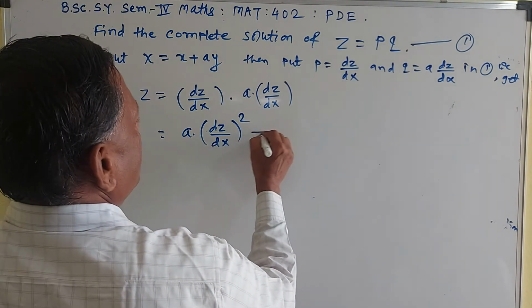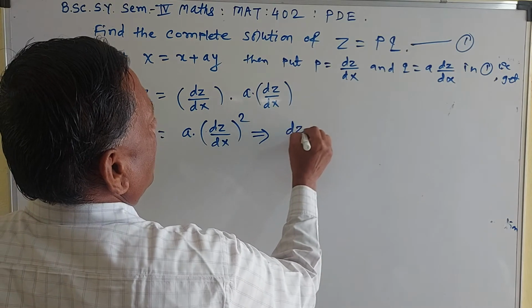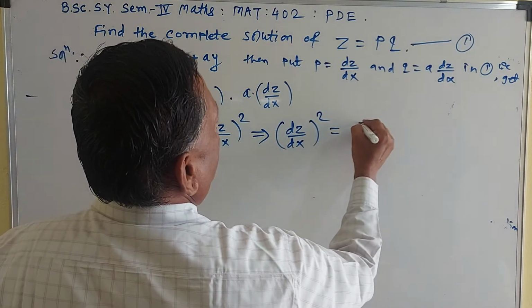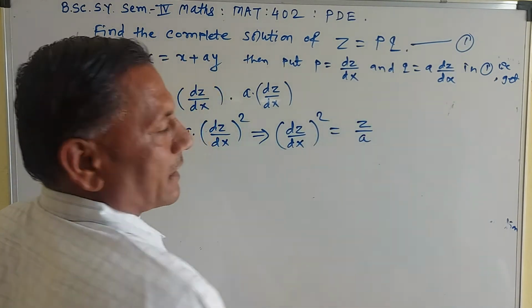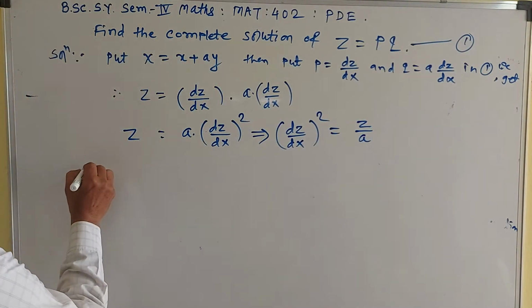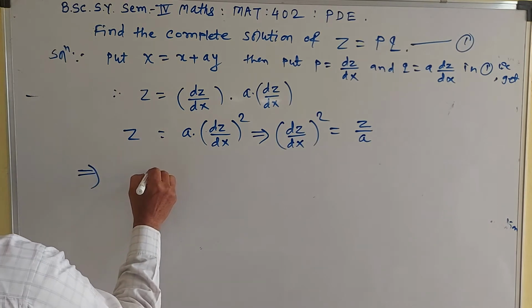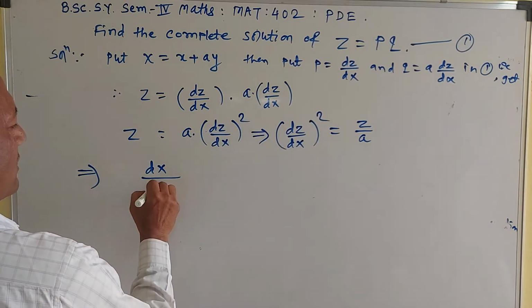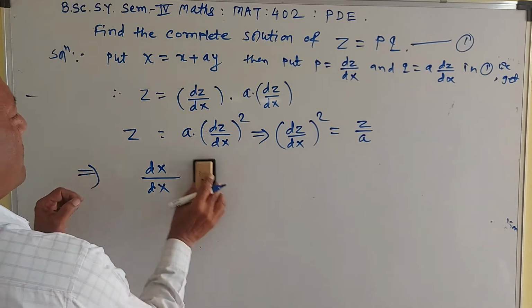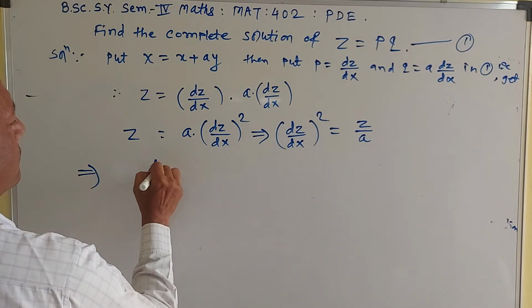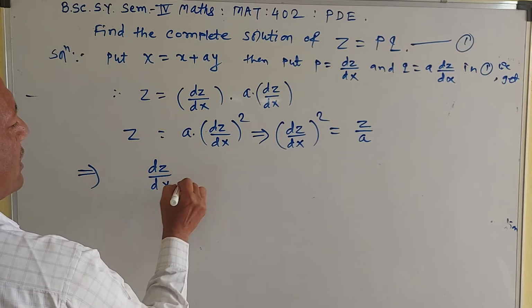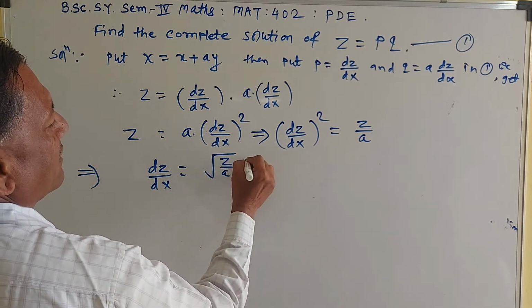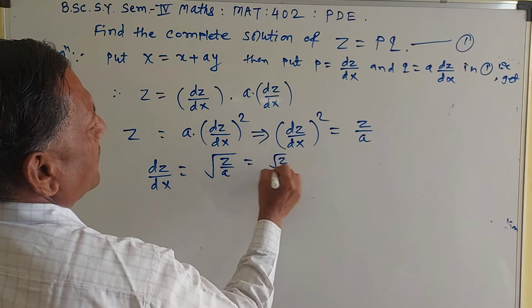Again this can be written as (dz by dX) squared is equal to z upon a. Taking square root on both sides, dz by dX is equal to square root of z upon a, or root z upon root a.